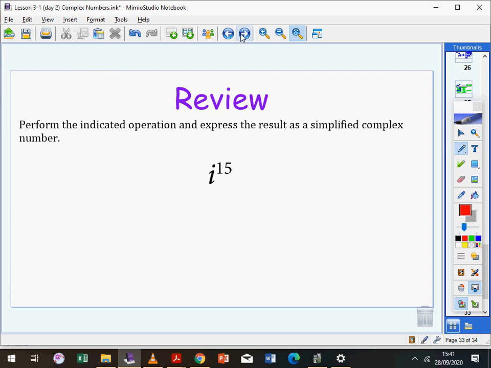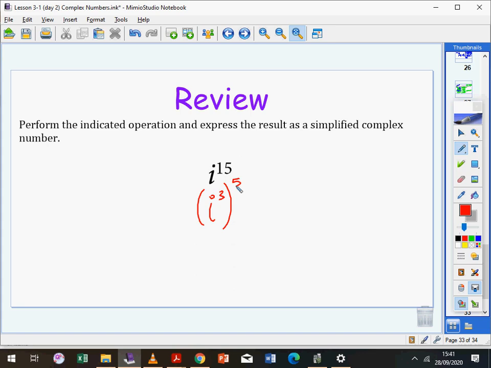Alright, you should have encountered this on your extra credit challenge, but a simple way you can always do these numbers is ask yourself: what power do I know, and how many times do I need to raise it to get the power that I want? So for i^15, I know 15 is the same as 5 times 3, and I already know what i to the third power is, so I just need to raise that to the 5th power.